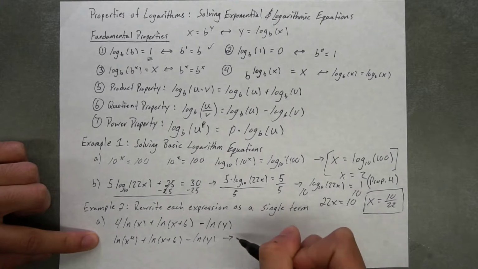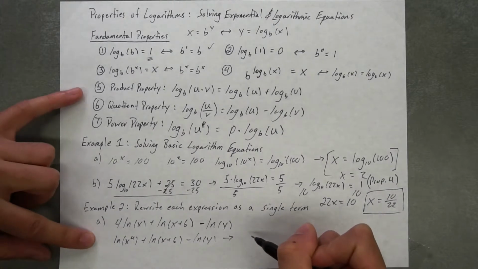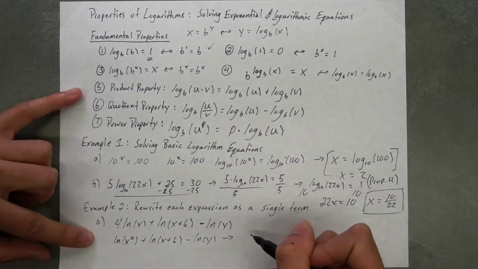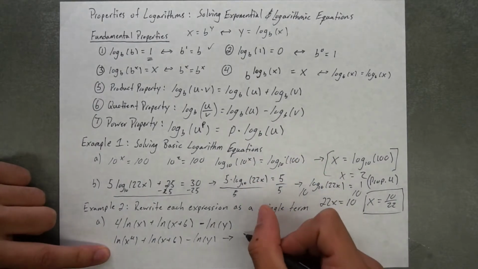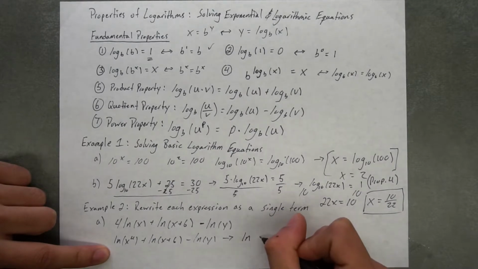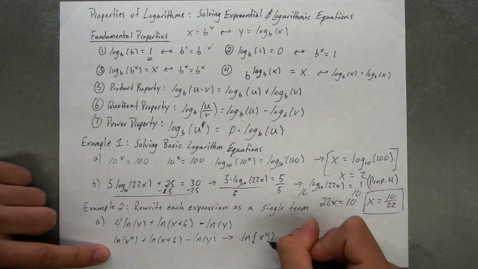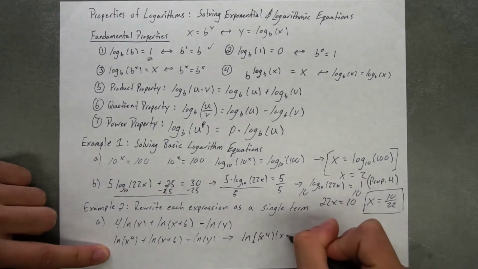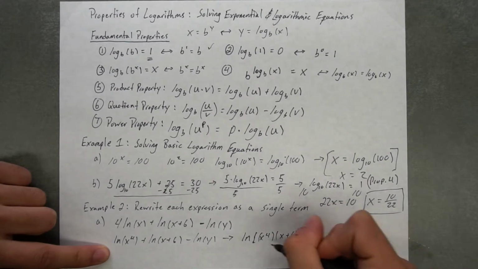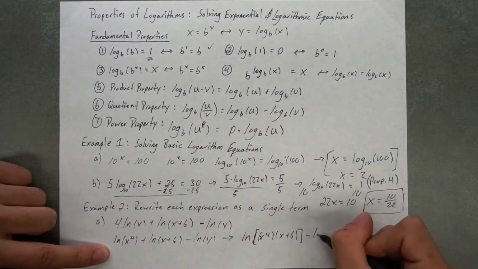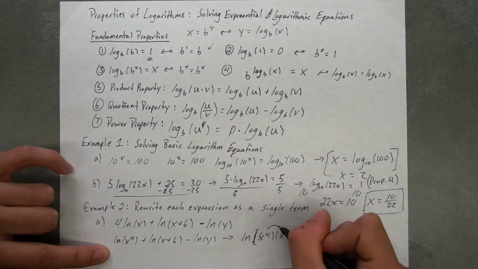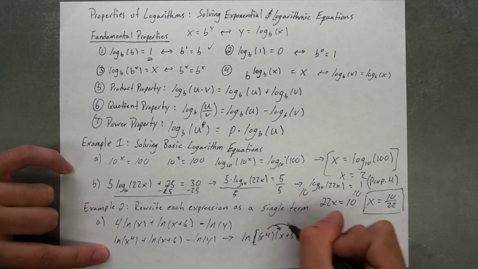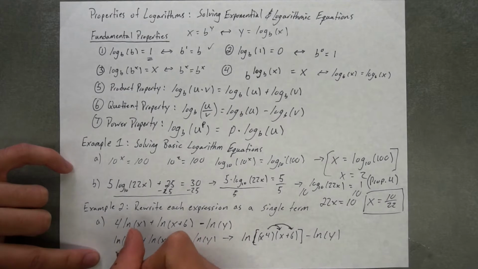Alright, then we're going to use property 5, the product property. We have the sum of 2 natural logs. So then that becomes the ln of x to the 4 times x plus 6 minus the natural log of y. Alright, so we're going to distribute the x to the 4th inside the natural log.